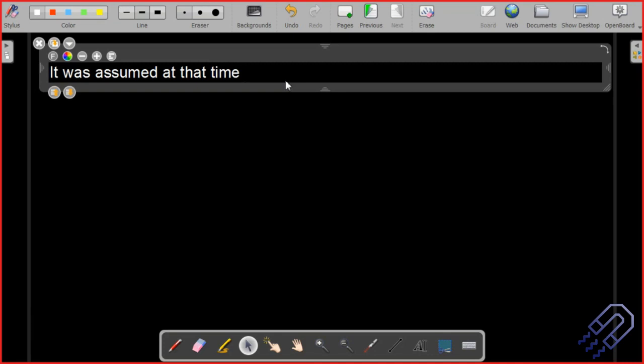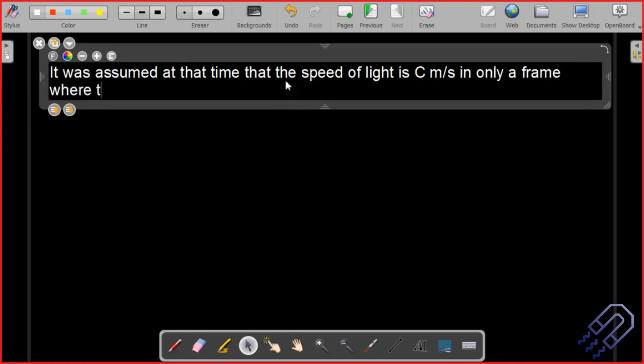That's very important. So it was assumed at that time that the speed of light is c meter per second only in a frame where there is ether. Ether is a very important term. If there is ether, the speed of light would be c.